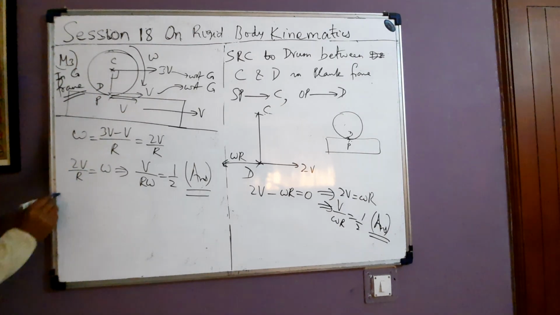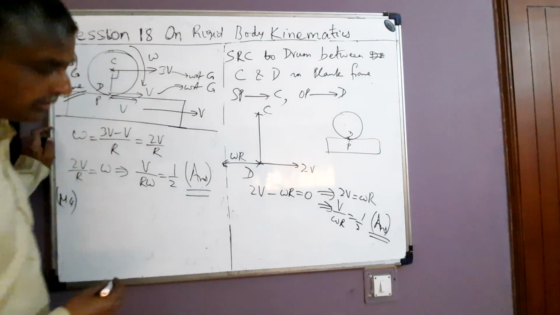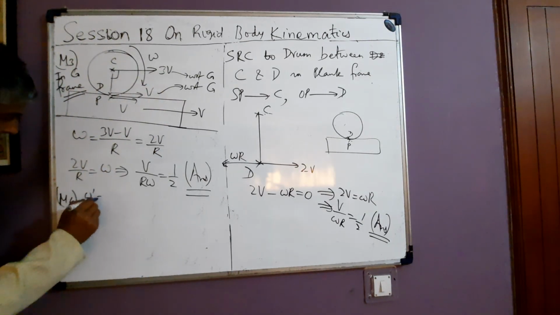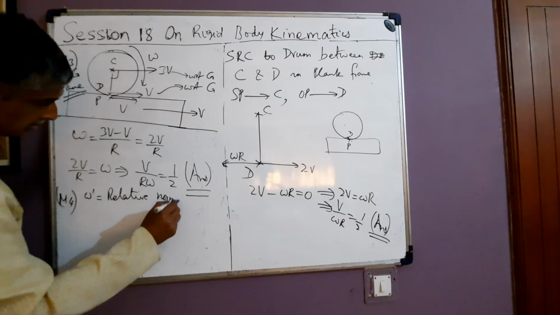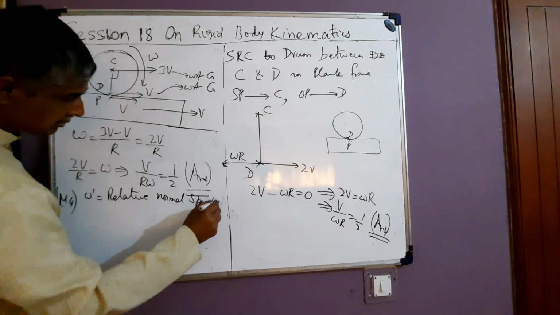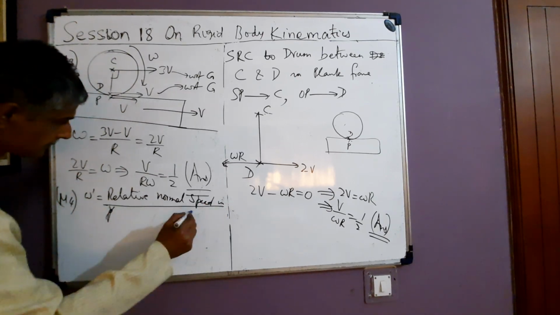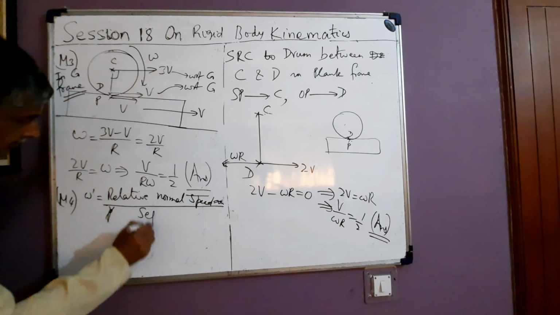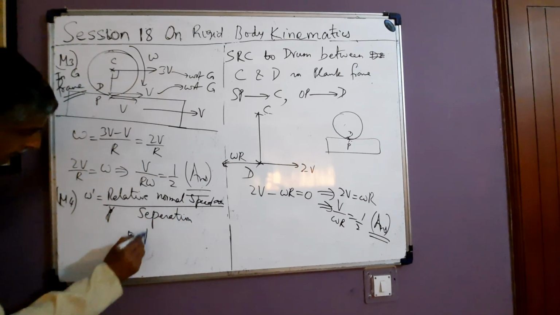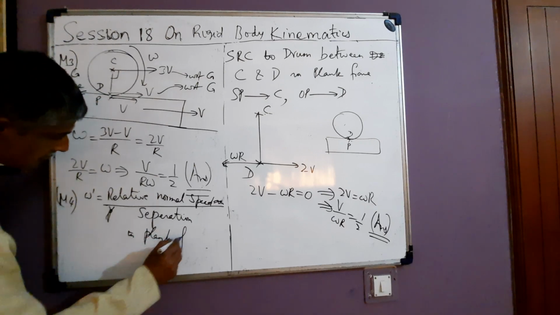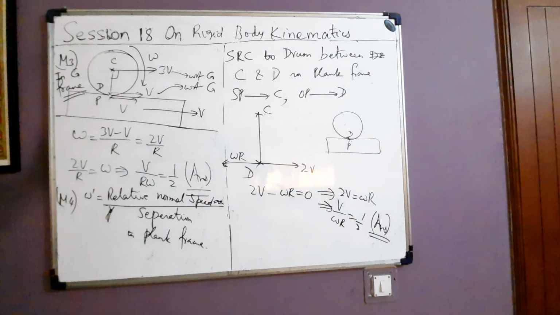Method 3. Okay. Method 4, we apply this same formula in the plank frame. Omega dash equals relative normal speed in the plank frame by separation.